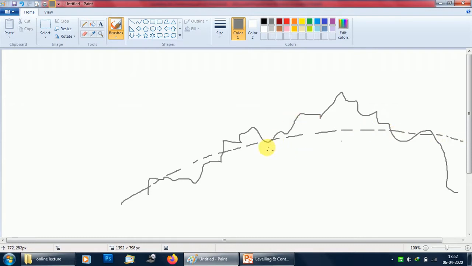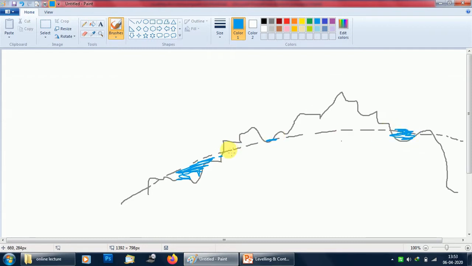To develop any reference plane, we need a geoid surface. It means an equipotential surface. So what is a naturally available equipotential surface on earth? Definitely that is the sea level. Suppose this is the water body, some sea part here, some here, and some here.